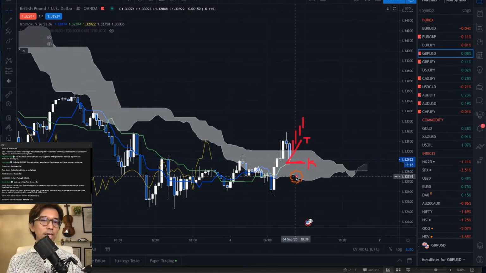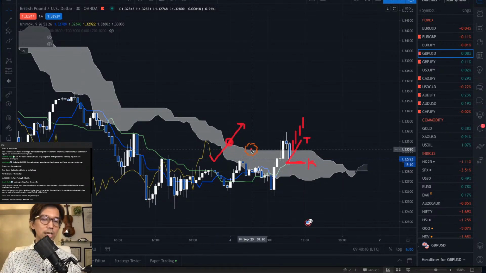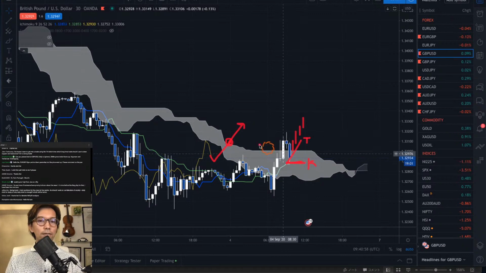Also, when Chikou span breaks the Kumo upwards, I mean Senkou span B, upwards this way, this is a super long-term bullish trend. So this is another great timing to look for a buy chance. I would wait for one of these confirmations and then go down to lower time frames, 5 or 15, and look for the buy chance.